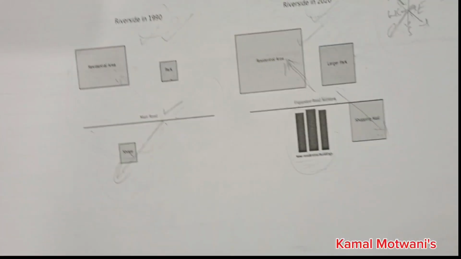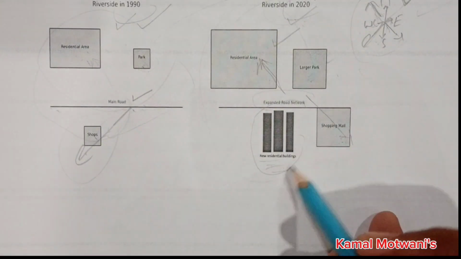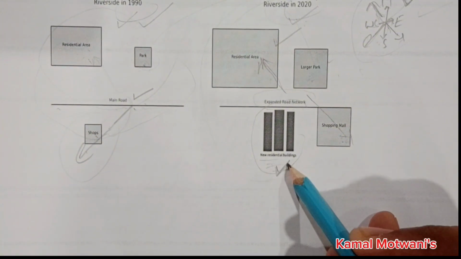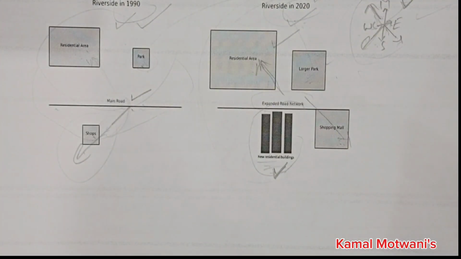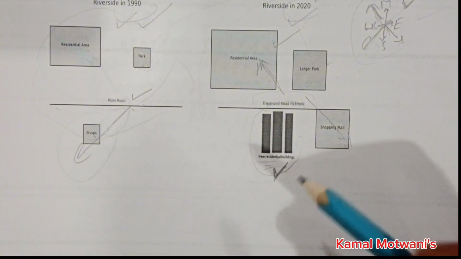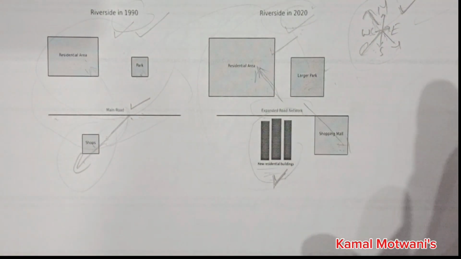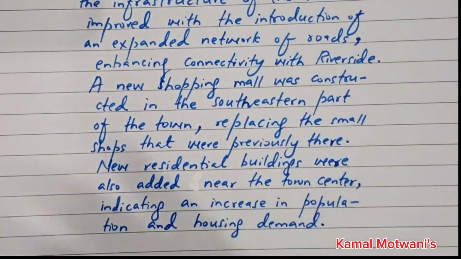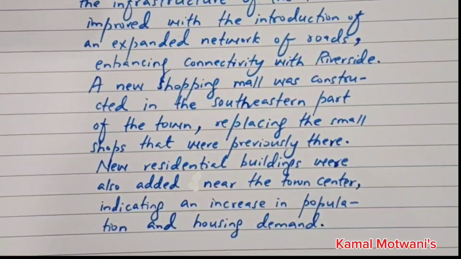Of course, when new residential buildings are made, it hints that the population has increased, more and more people are living in Riverside. That's why there is demand for this housing scheme or these residential buildings. Now, see, this is the last paragraph of this IELTS Writing Task 1 pertaining to maps.